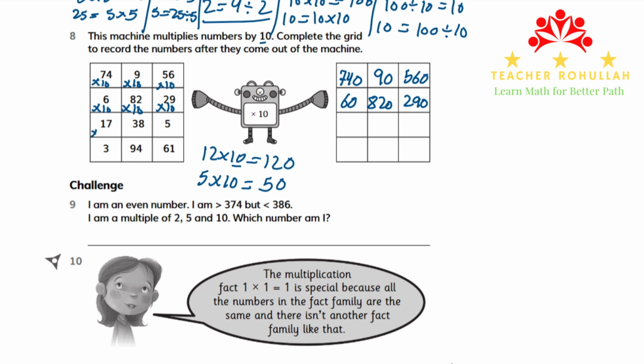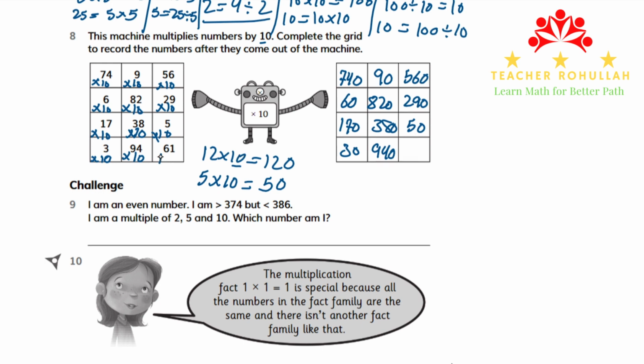17 times 10 gives us 170. 38 times 10 gives us 380. 5 times 10 gives us 50. And 3 times 10 gives us 30. 94 times 10 gives us 940.